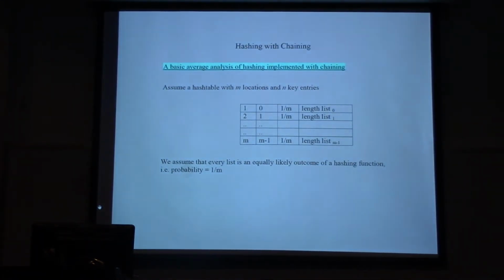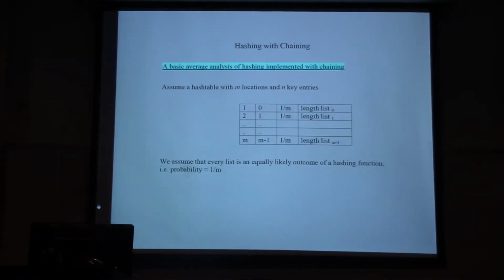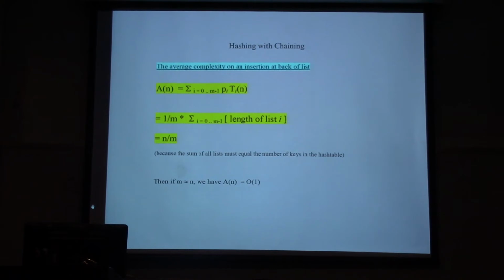We're talking about doing hashing using a technique called chaining. And chaining is a way to resolve what? Collisions. Okay, that's the word we're looking for. And we found out that the average complexity of a successful insertion at the back of the list means that we hash to a list and traverse the list. Hashing is free, theta 1.